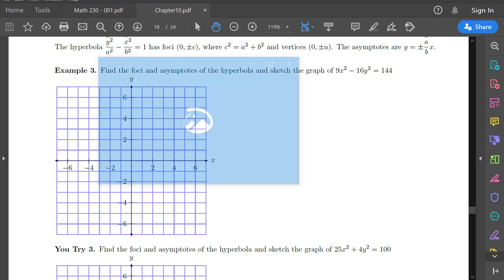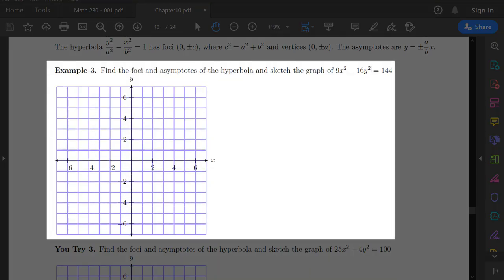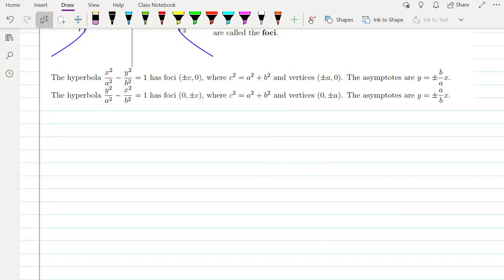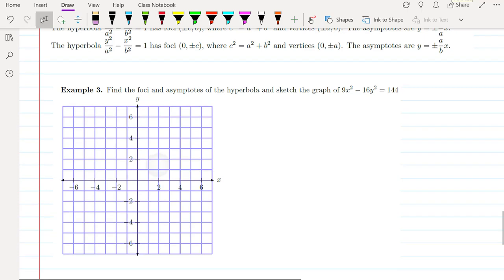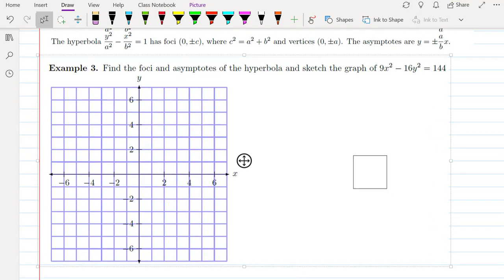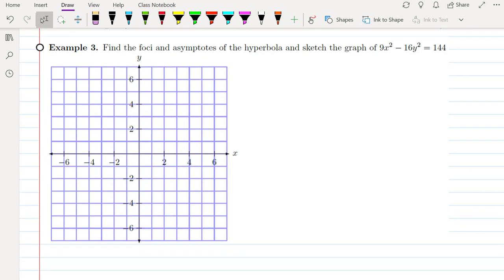So let's go ahead and do example number 3. Find the foci and asymptotes of the hyperbola and sketch the graph of 9x squared minus 16y squared equals 144.